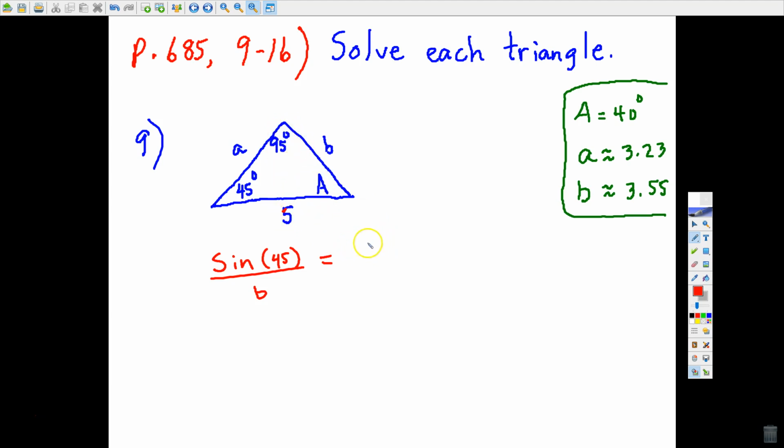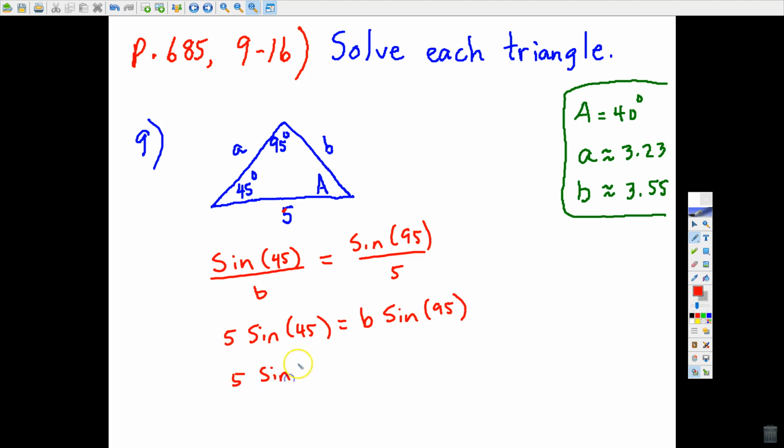And so that would be sine 95 divided by its corresponding side length, which is 5. All right, and so you have a proportion, we have one unknown, and so you can do cross multiplication. So if I multiply 5 this way, I get 5 sine 45 equals B times sine 95. And obviously, to solve for B, I'm just going to divide by sine 95 on both sides. So it's going to look like this, and then we're ready to use our calculator.